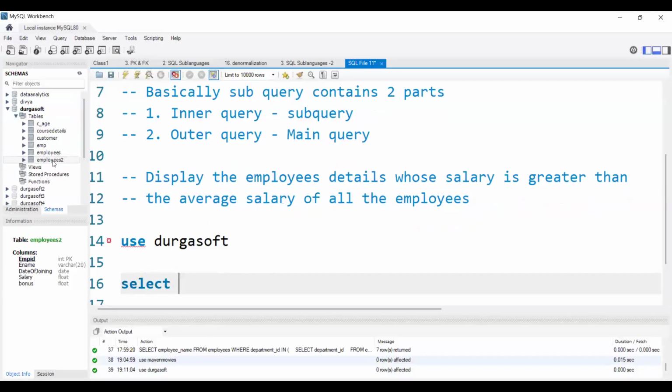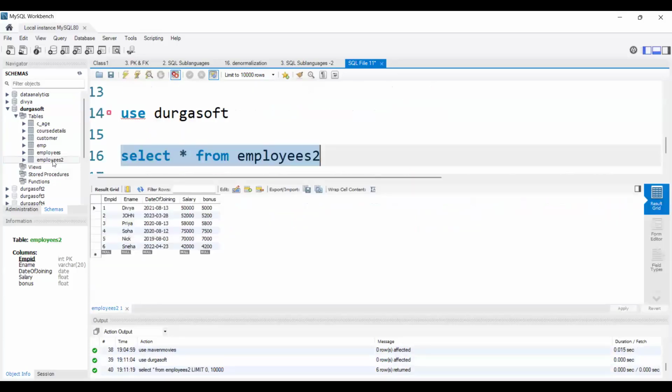I will just display the data. Select star from employees2. So this is my data. I have one table, employees2. In that I have 5 columns: employee ID, employee name, date of joining, salary and bonus, and I have 6 rows here.